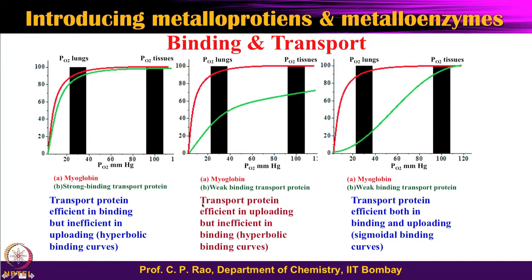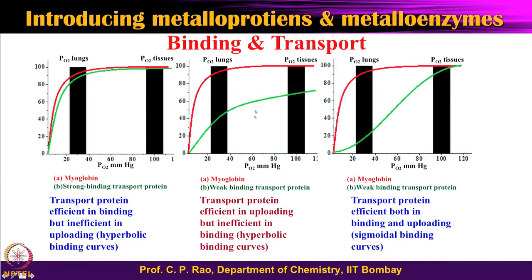Now, if you take some transport protein which is not strong in binding, but inefficient in binding, and somewhat efficient in the unloading, then you would find a hyperbolic curve of this kind.